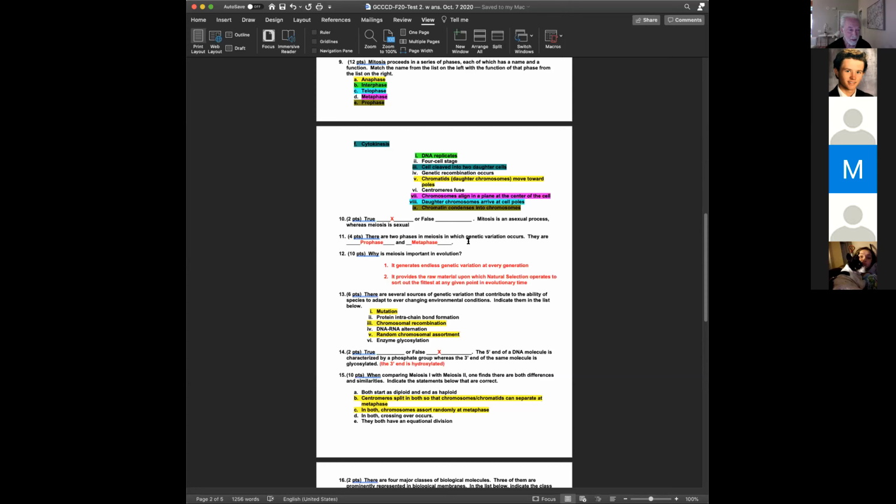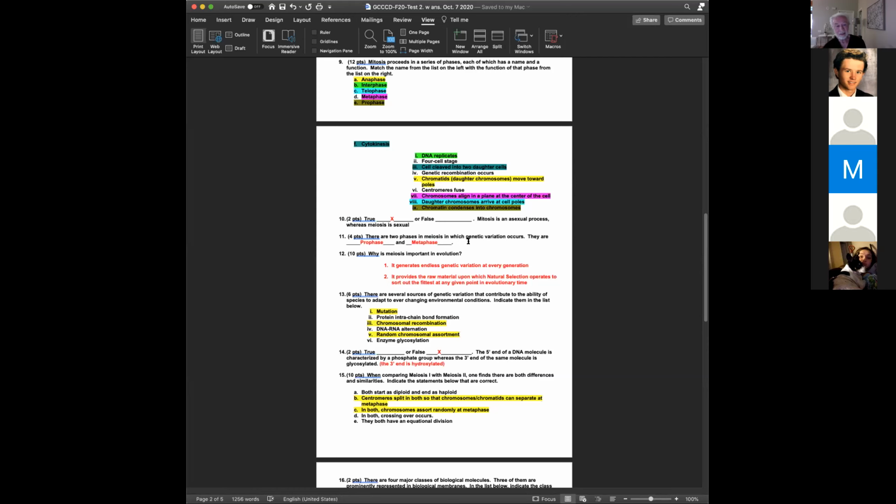Then why is meiosis important in evolution? The essence of the answer here is meiosis generates variation at every generation.